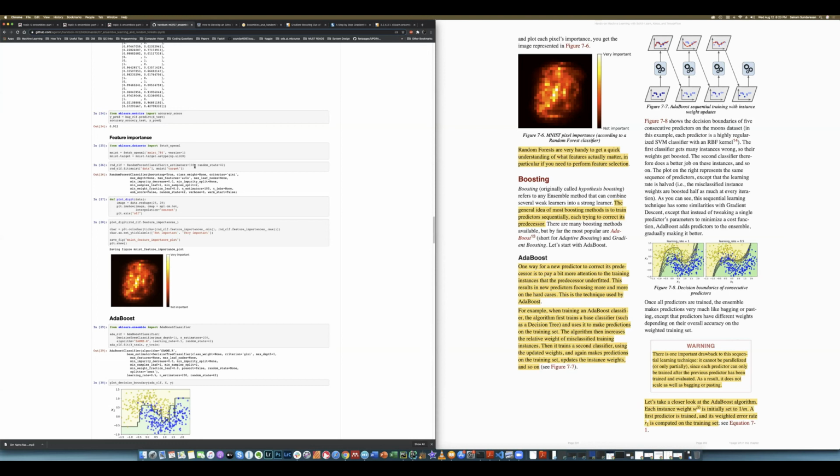Therefore it's saying that the value of a pixel at location X, Y is the most helpful determinant in choosing across the 10 classes. Yes, that's what I was saying. That's why the center, because all the numbers have pixels there.